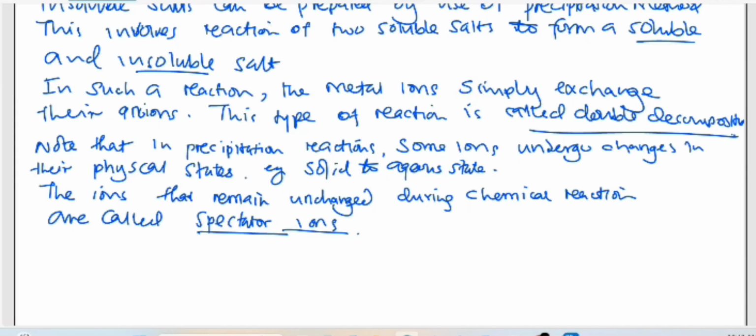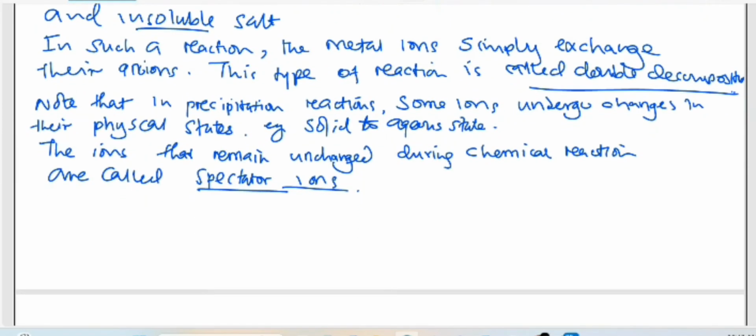Like the football fans, they are not in the field, but they are busy there cheering. They are spectators.